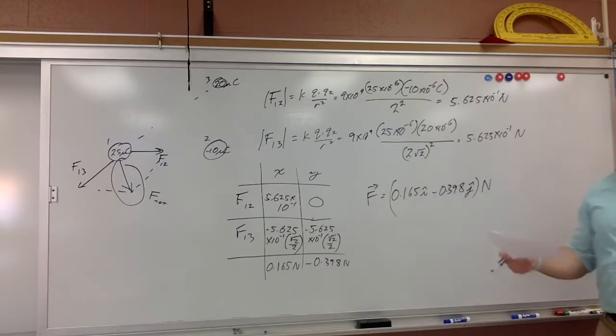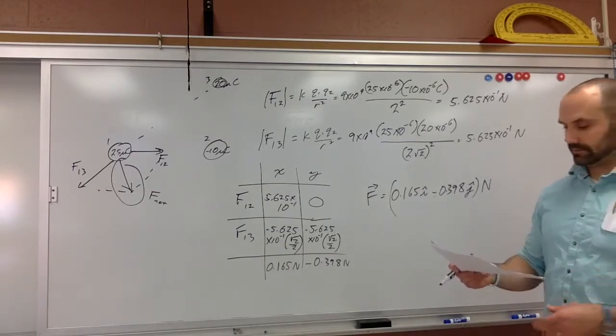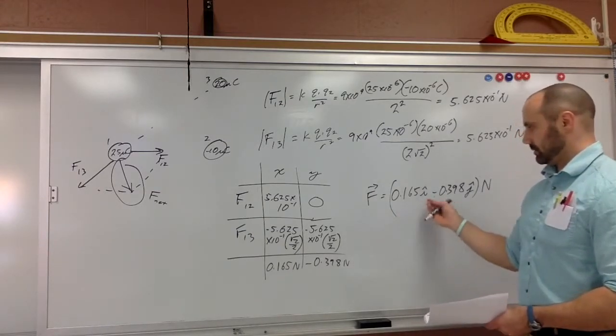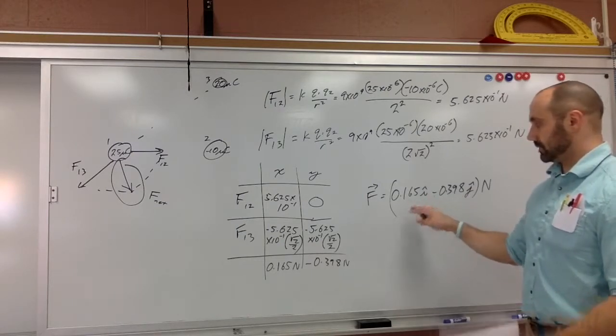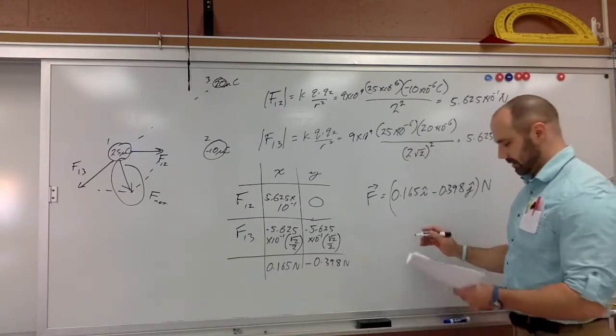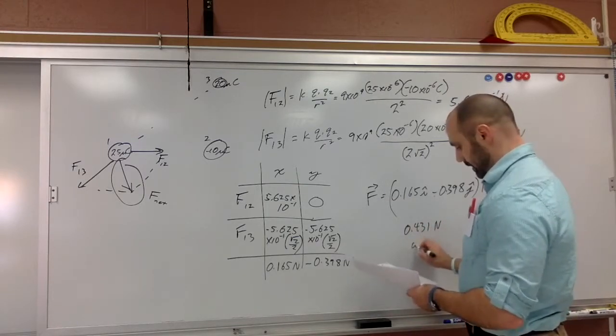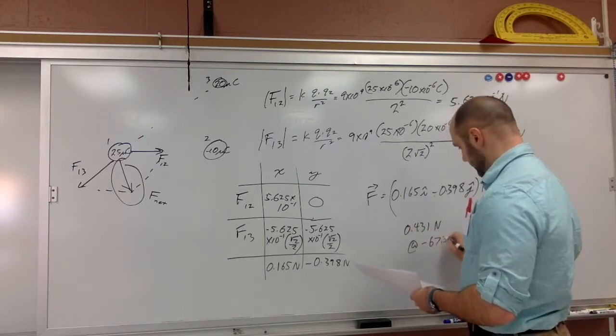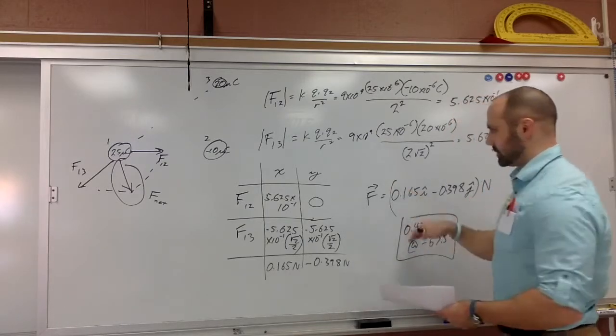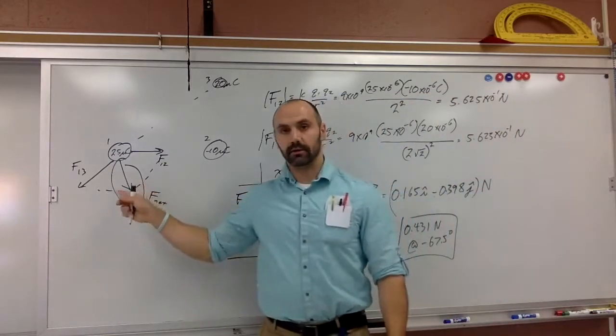And if you really feel like you need the vector not in unit vector notation, it would end up being 0.431 newtons at negative 67.5 degrees. Both these results give us the vector here that we would expect.